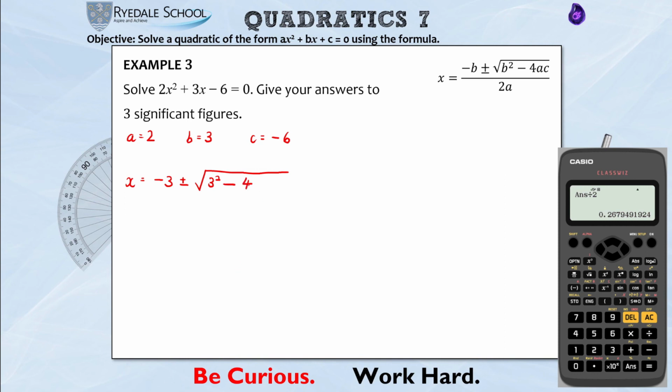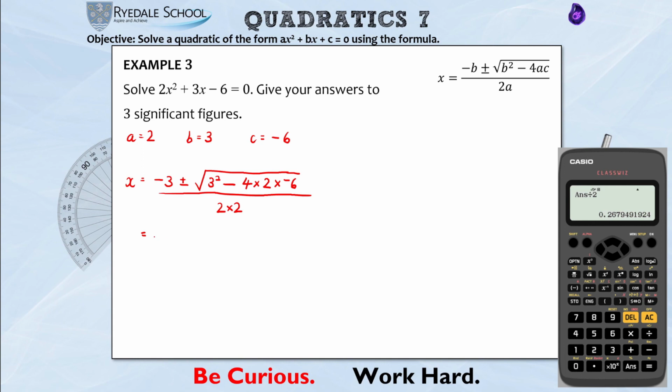So 4 times A, which is 2, times C, which is negative 6. All divided by 2 A's, that's 2 times 2. Don't miss any steps out in this working out that I'm showing you today, because we are showing all the steps that would maximise your number of marks in an exam should you happen to go wrong.